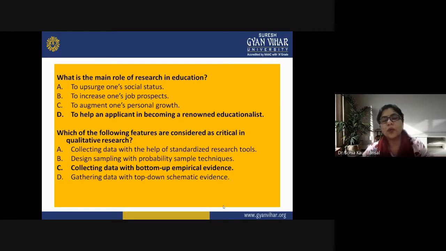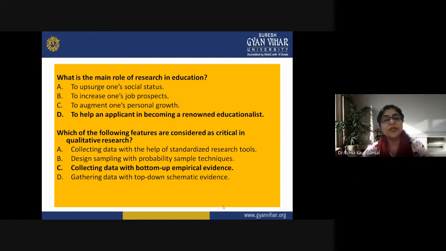So the second question is: which of the following features are considered critical in qualitative research? You have to just take care. Option A, collecting data with the help of standardized tools.